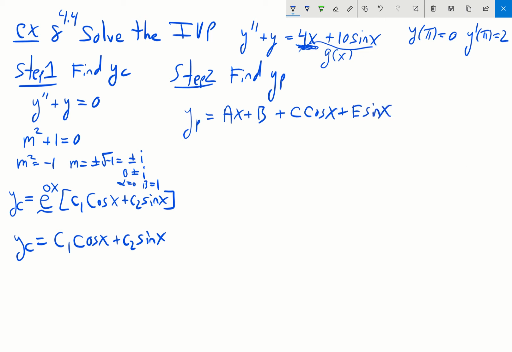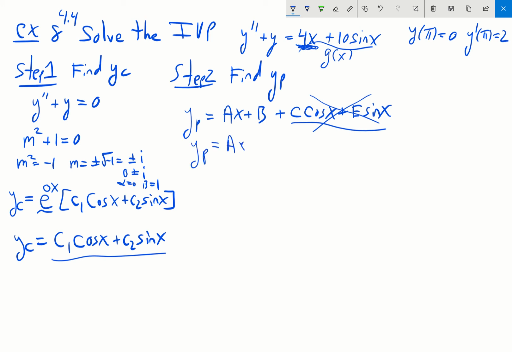Okay. Now, there's a problem with this. If we look at this form here, that would produce things that would be linearly dependent with our complementary solution. So this is like the case 2 we were just covering a moment ago. So these two things wouldn't work. How can we remedy this?